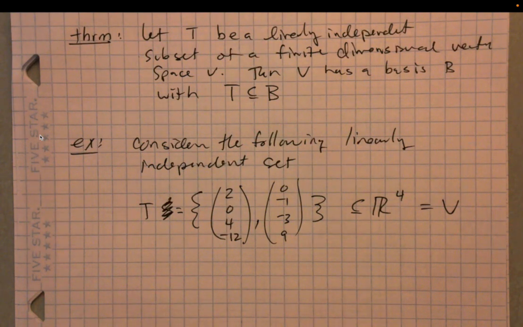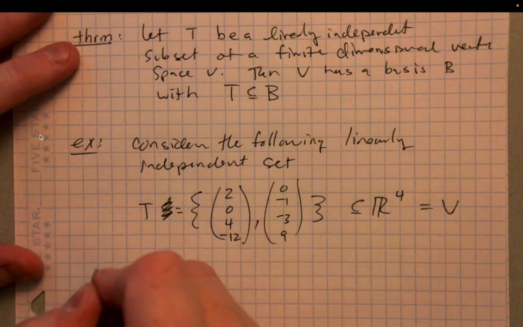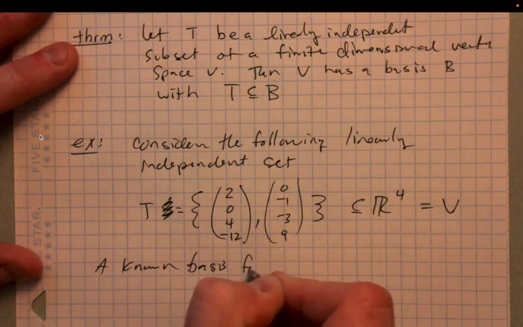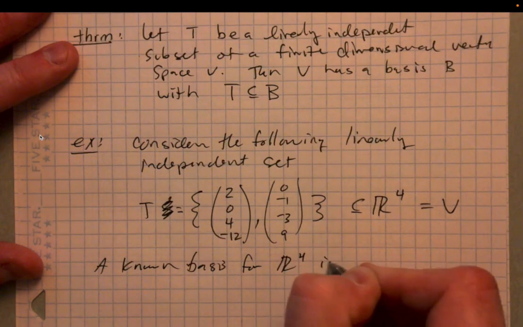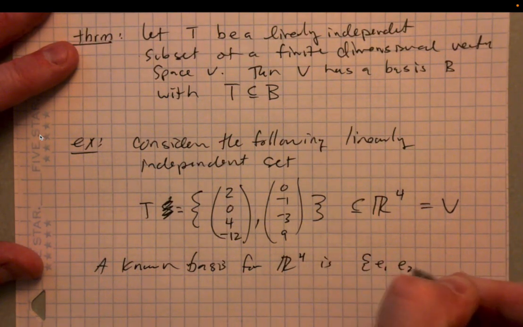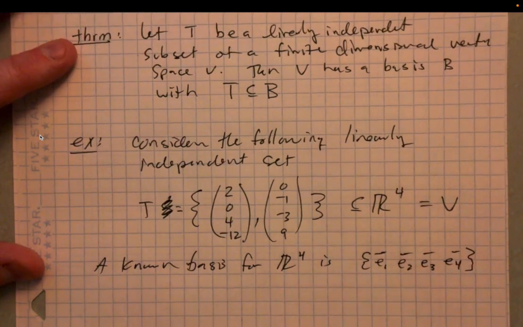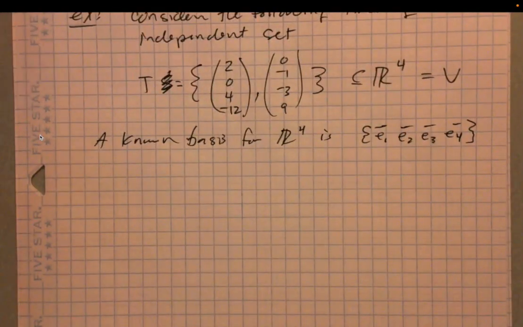So we want to use the previous method and end up with a basis that has these two vectors in it. A known basis for R4 is, of course, e1, e2, e3, e4. We can use those together with T to construct our basis.